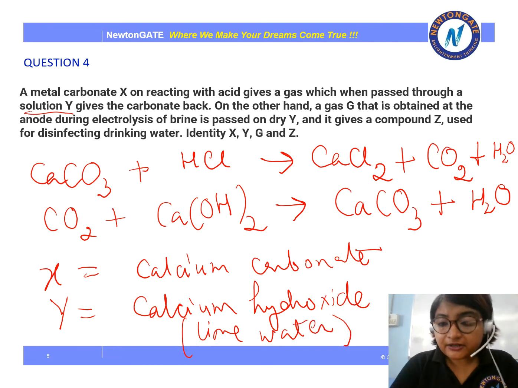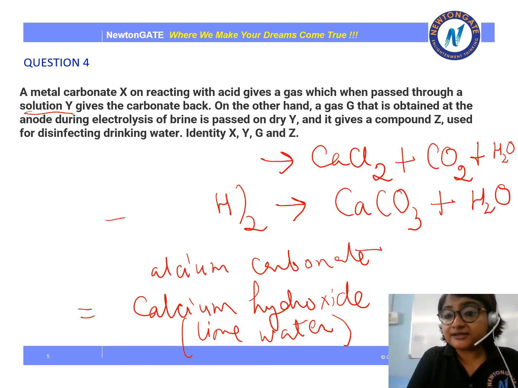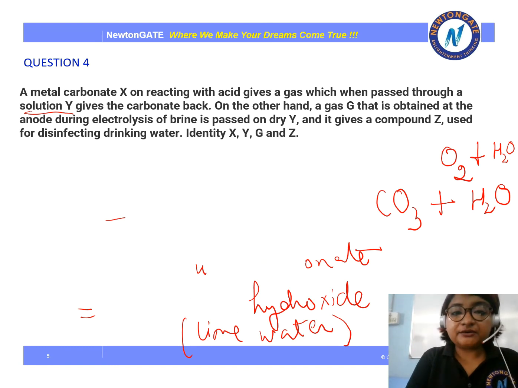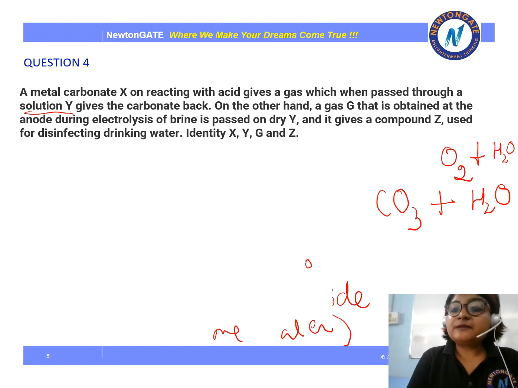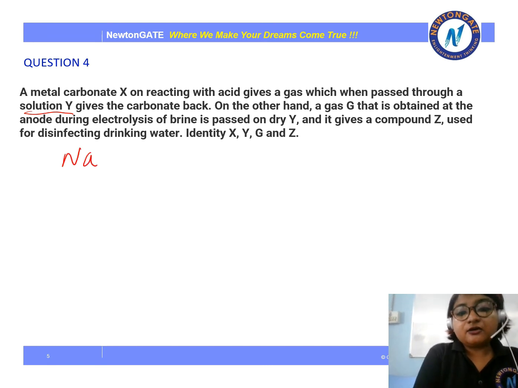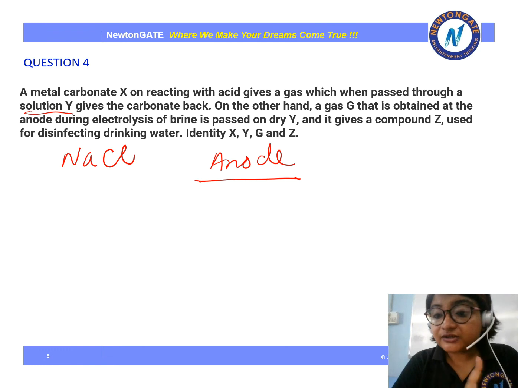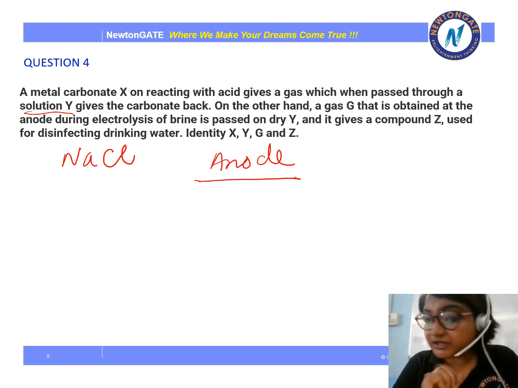In the next part of the question, gas G is obtained at the anode during electrolysis of brine. Okay, so what is brine? Brine is a solution of sodium chloride. If it undergoes electrolysis, then at the anode, you know students, that the anode is positively charged, so the anions or the negatively charged ions will migrate towards the anode and they will undergo oxidation, that is loss of electron.